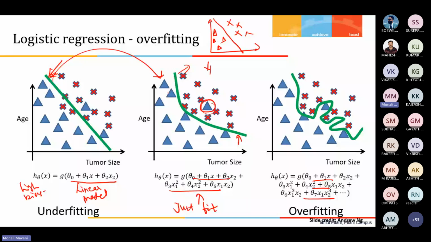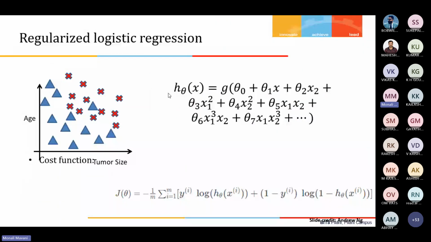Overfitting is very difficult to identify and to get rid of. Regularization is one mathematical technique. The rest of the techniques will also apply: you can have more training data, or you can reduce the dimensionality of your data set. All this applies in general and is not algorithm specific. I'm only talking about regularization because here our cost function is different.